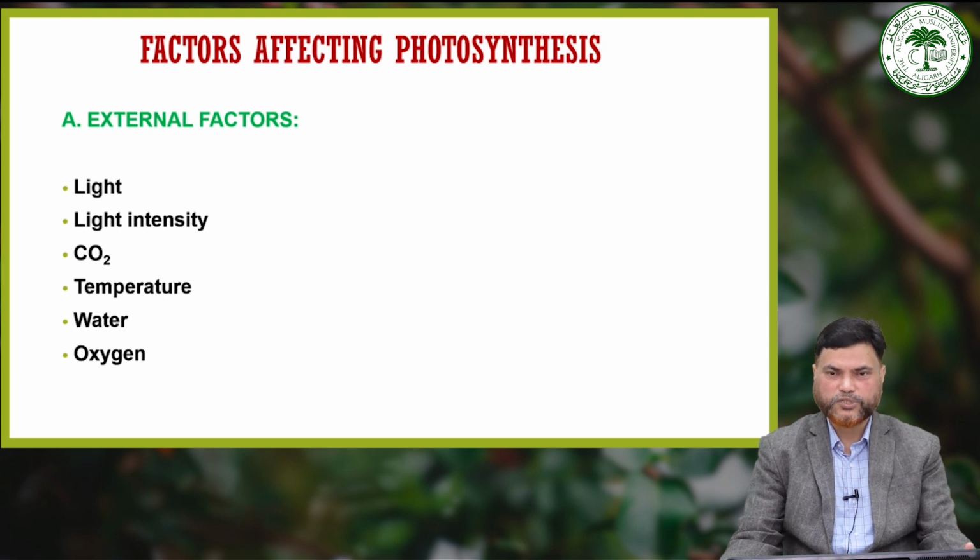So, rate of photosynthesis is also affected by quality of light in different ways. Photosynthesis, as you know, primarily occurs in the visible spectrum, and chlorophyll absorbs maximum in the red part of the spectrum, leading to maximum photosynthesis in red light.